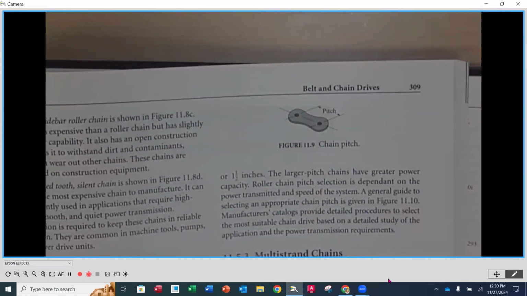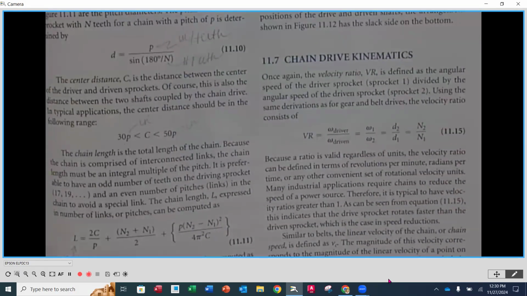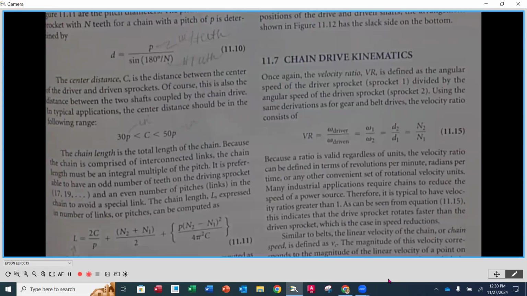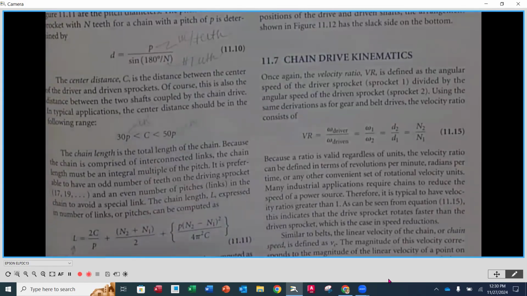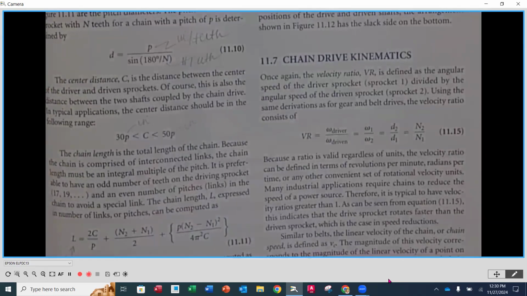And so center distance, it's not so much about what the physical number is, it's about how many of these links we stack up and how far they're apart in terms of those links. That's how they're measuring center distance. So 30 pitches, or 30 links, and as many as 50 pitches. Somewhere in there is going to be the ideal center distance.